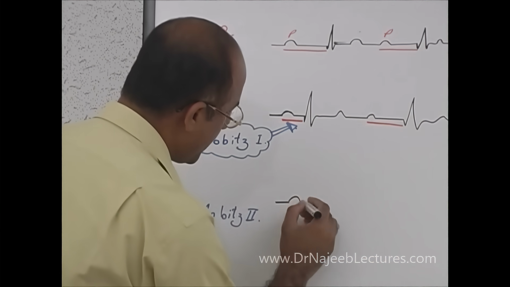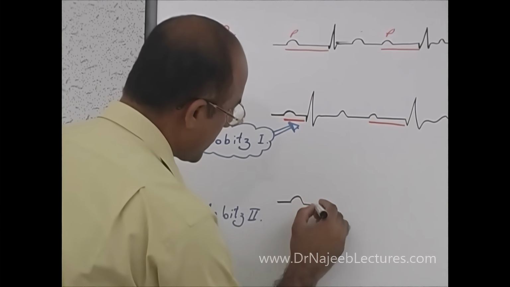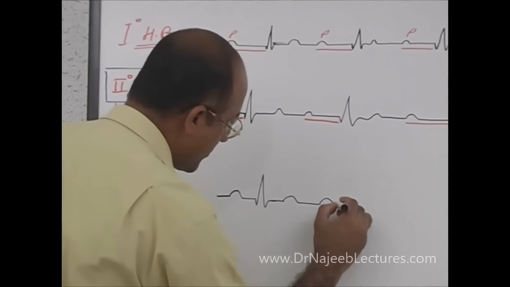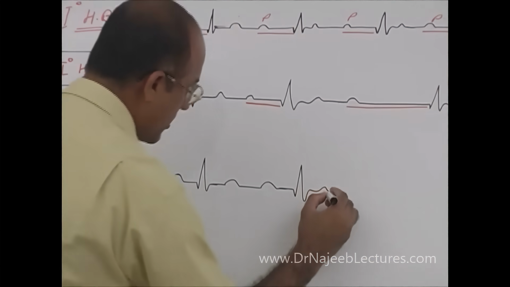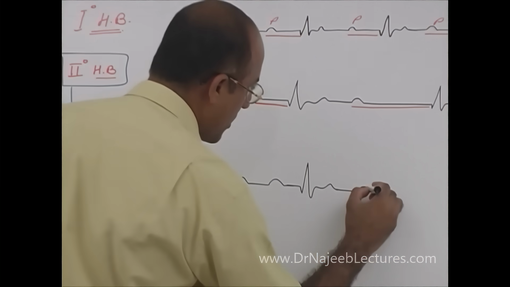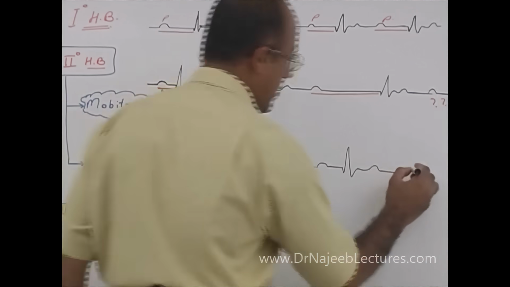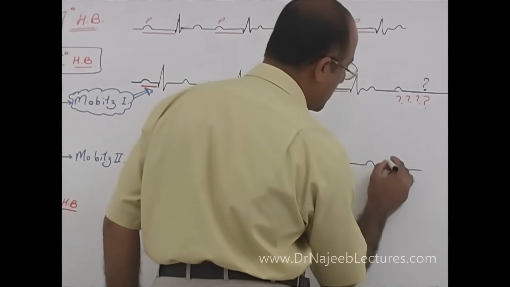In Mobitz 2, there is no variation in the PR interval. Now look at this pattern and concentrate. Here a QRS has been missed.